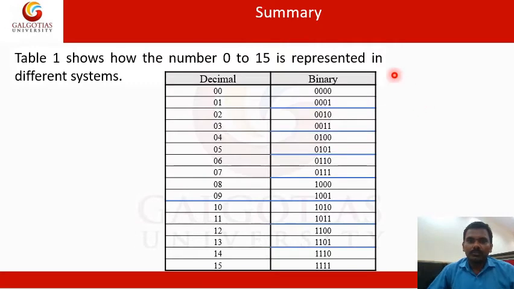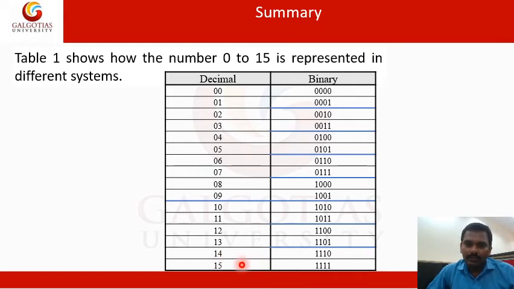So this is the summary of the decimal numbers and their equivalent binary number system. You can see that from 0 to 15 we use 4 bits basically to represent the maximum decimal number, that is 15 here.